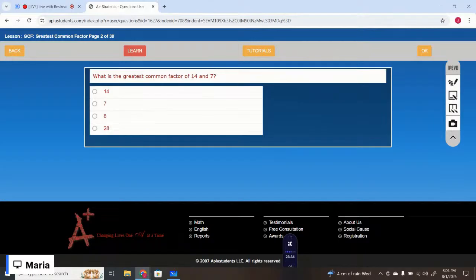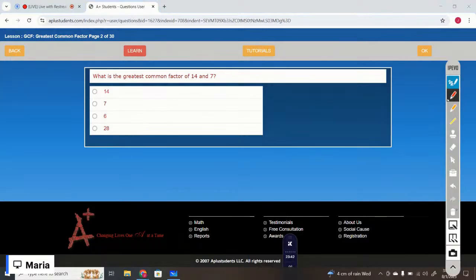What is the greatest common factor of 14 and 7? Let's write down the prime factors of 14 and 7. 14 is 2 times 7.